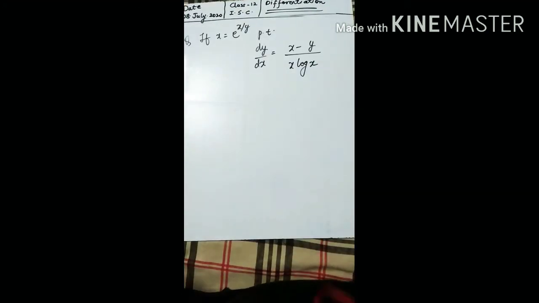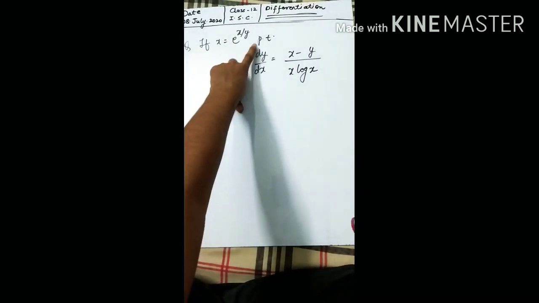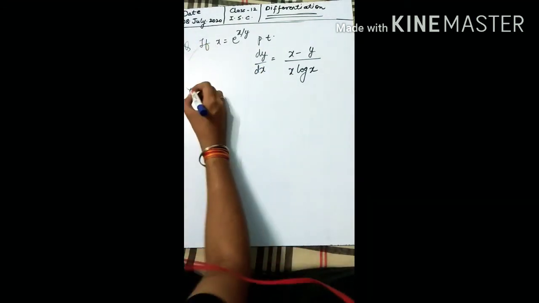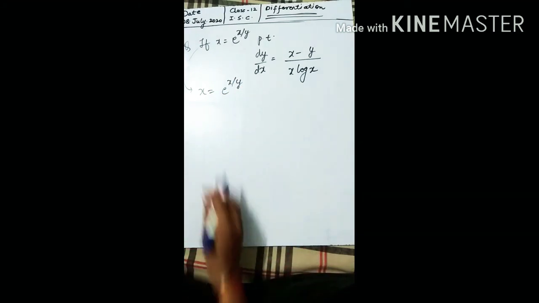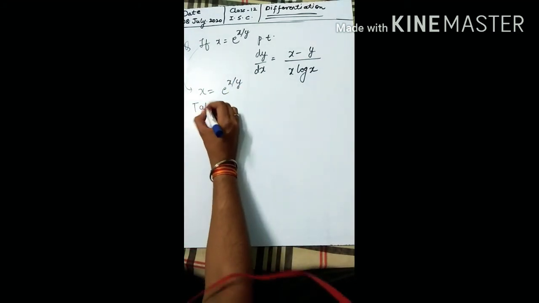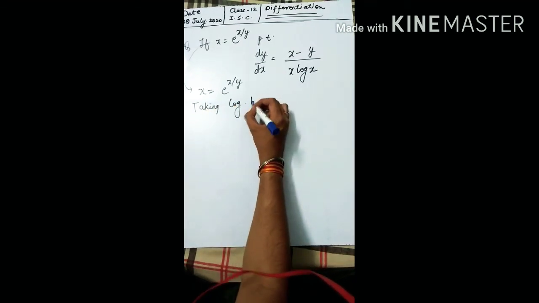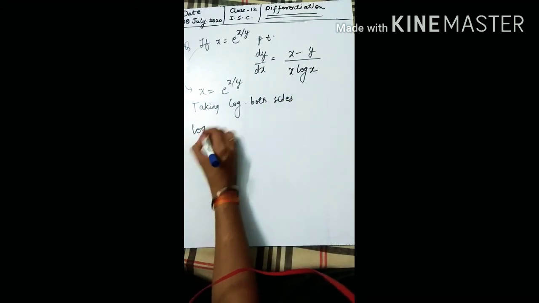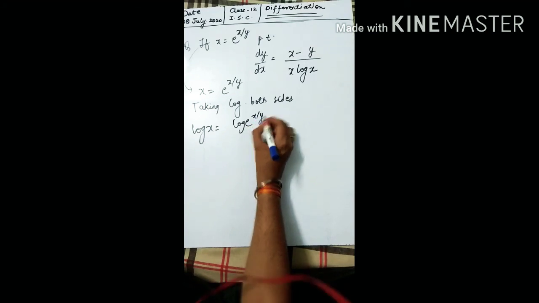We are given, if x is equal to e to the power x upon y, then prove that dy/dx is equal to this one. So let us take the given thing, x is equal to e to the power x upon y, taking log both sides. This is log x is equal to log e to the power x upon y.